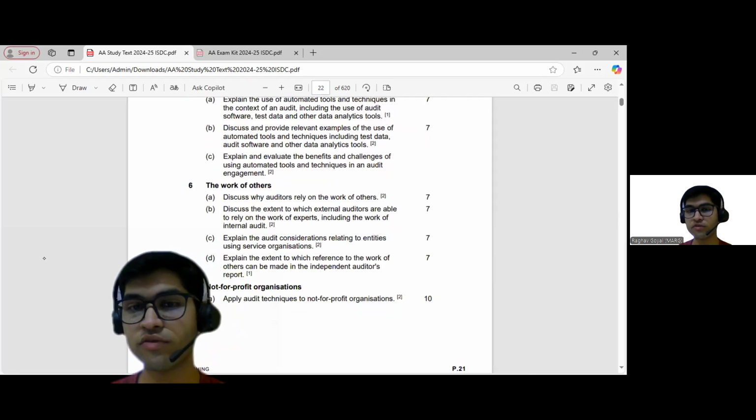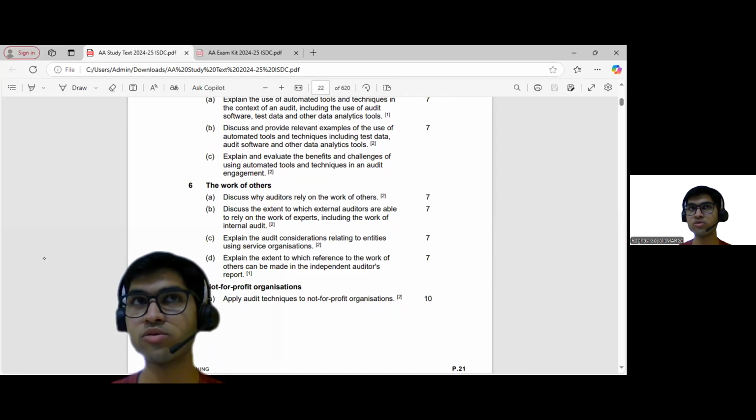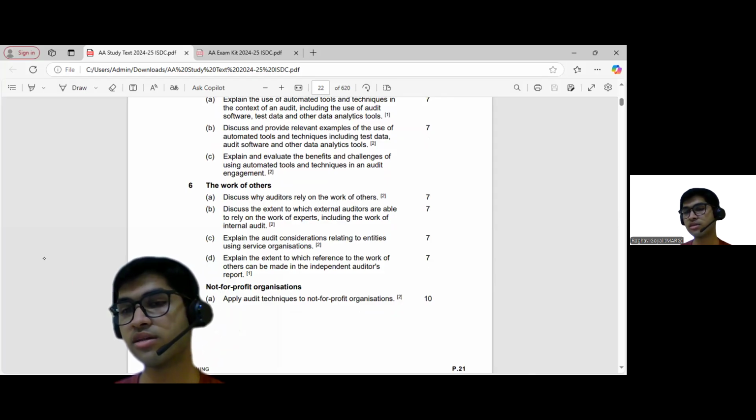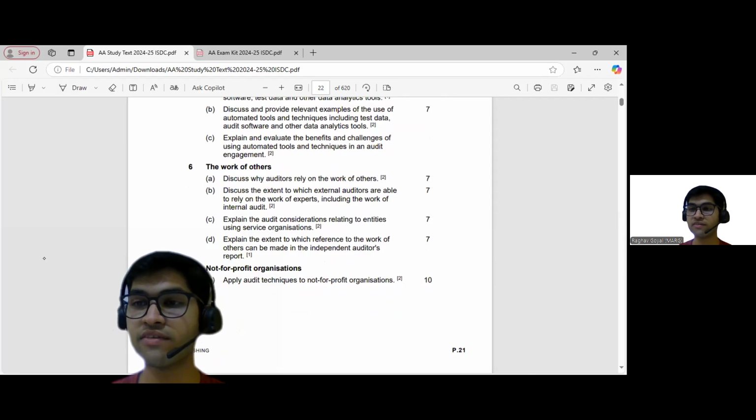Then there are the work of others, internal audit, specialists who value things, and other considerations as well. So the auditor will need to ensure that the work performed by these external parties is reliable so that there is no hesitation in giving an audit opinion based on their work.